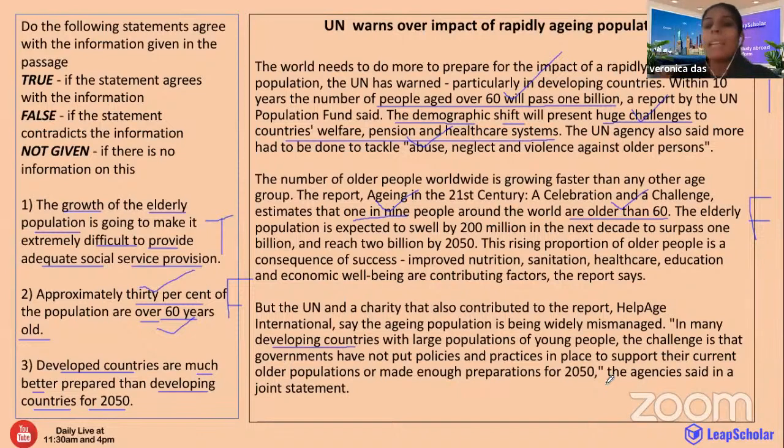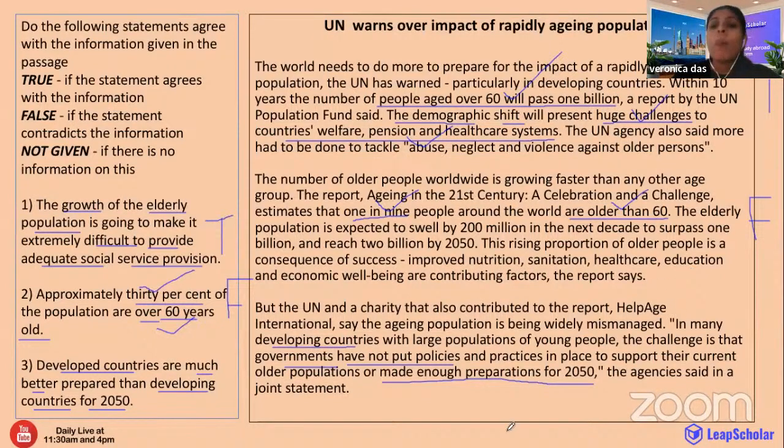So in developing countries, governments have not put policies or made enough preparations for 2050. Let us underline these words. This is the meaning of the sentence. This is for developing countries, but I don't see developed countries here. What about you? Do you see developed country here?